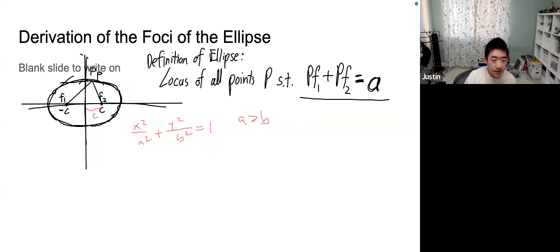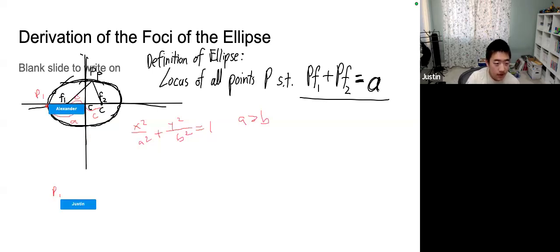By the definition of the ellipse that Alex explained, if we pick any two points on the ellipse, the sum of the distances to the two foci will be the same. So let's first pick this point here. Actually, I'll do it on this side. Since this distance is a and this is c, let's call this P1.